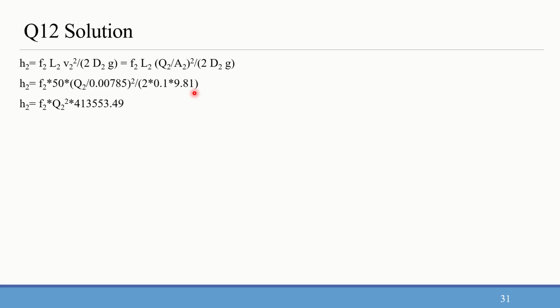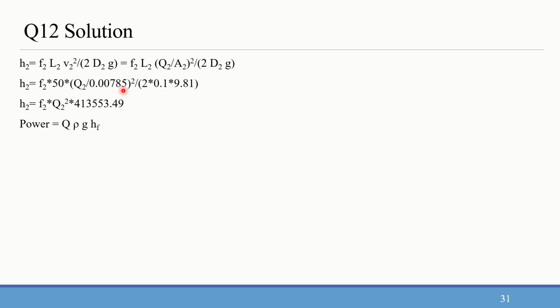So for H2 also we got one relation, H1 also we got one relation, where H is a function of F and Q. That is the relation we obtained. So now Q1 plus Q2 we have one relation, and we know H1 is equal to H2. What is unknown is F here.